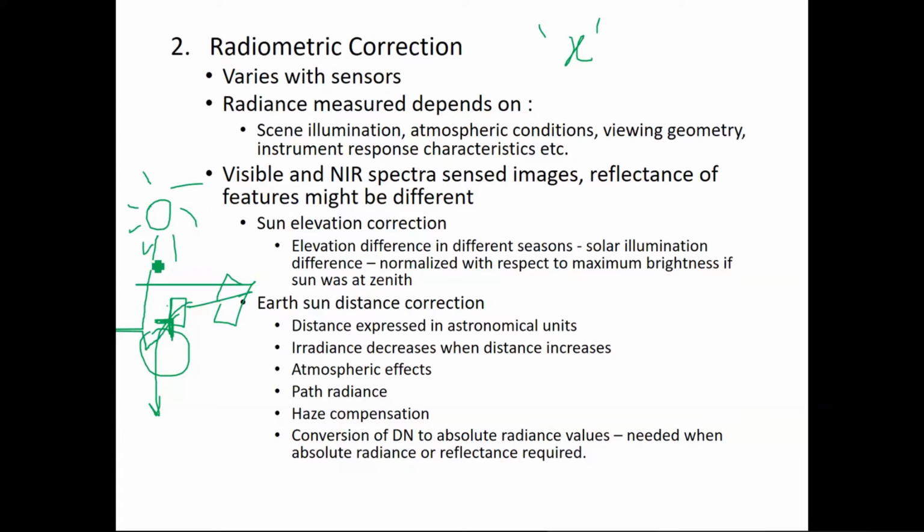Similarly, if the atmospheric disturbances are more, if there is a lot of scattering in one particular location or season or time of image acquisition, with a lot of dust particles in the atmosphere, then will the radiance measured be higher or lower?